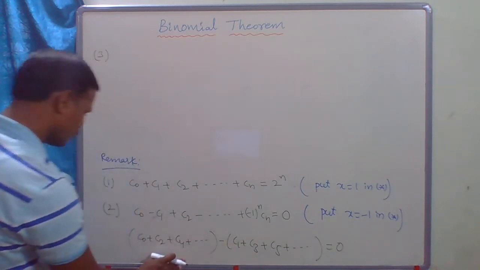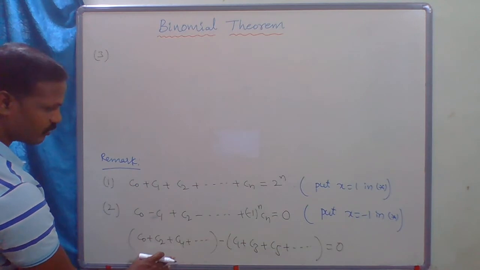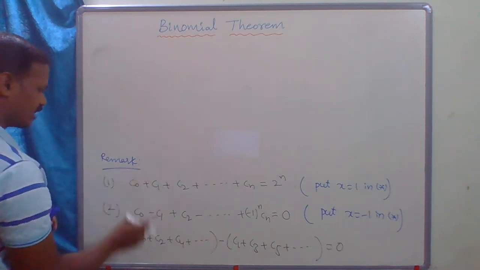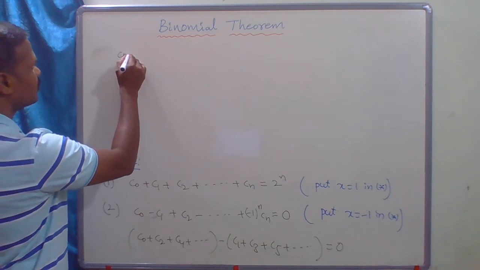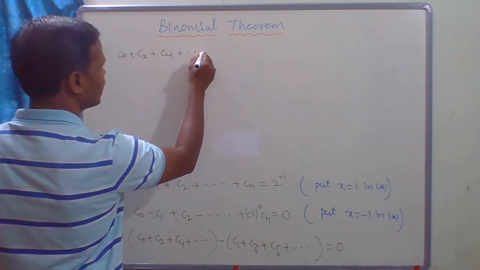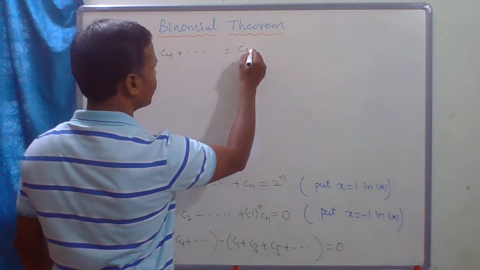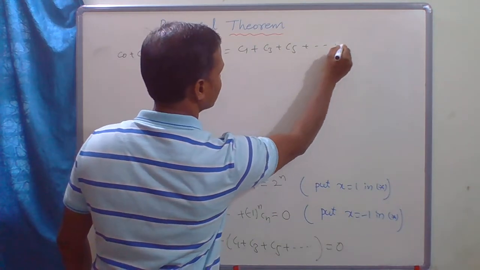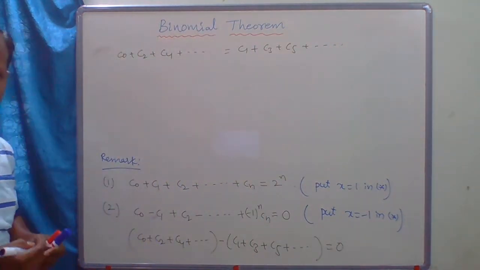So this can be written as C0 + C2 + C4 + ... = C1 + C3 + C5 + ... Yes or no? Fine.